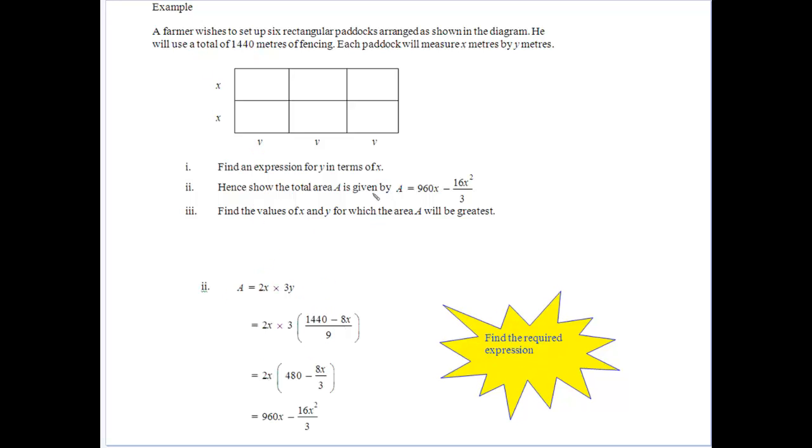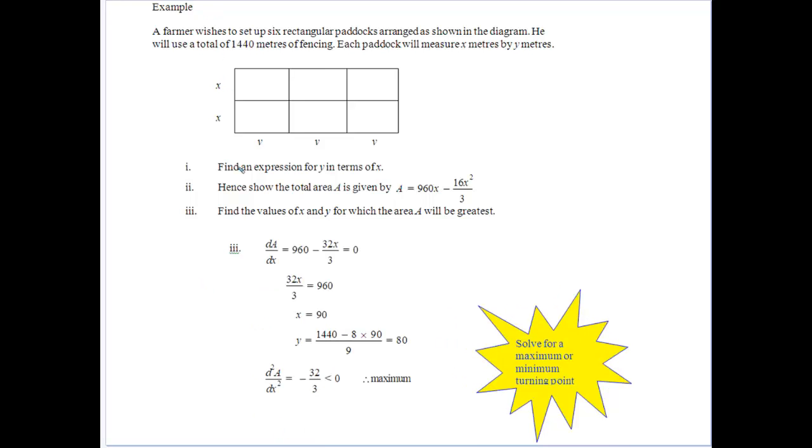Then we said our area was 2x times 3y. If we substitute y there and manipulate the algebra, we get an expression in terms of x. There's the expression we're trying to find. Our next step is to find the values of x and y for which the area would be greatest, the maximum.